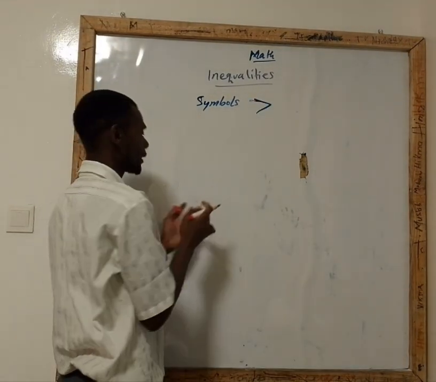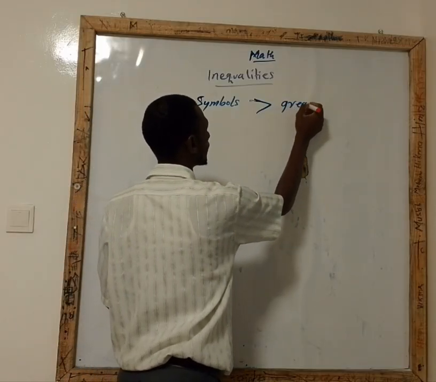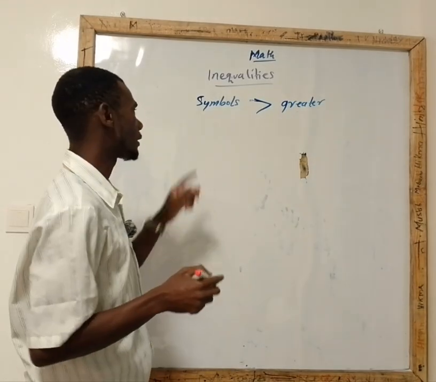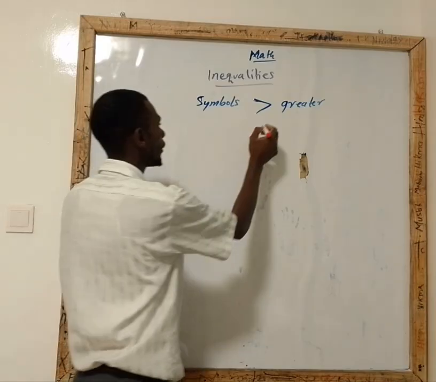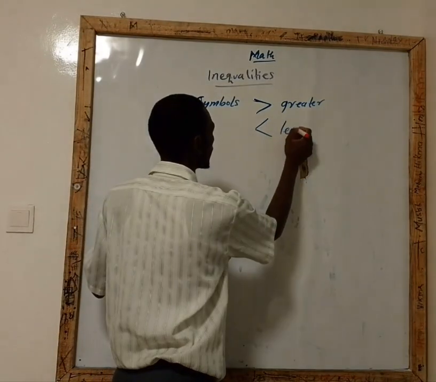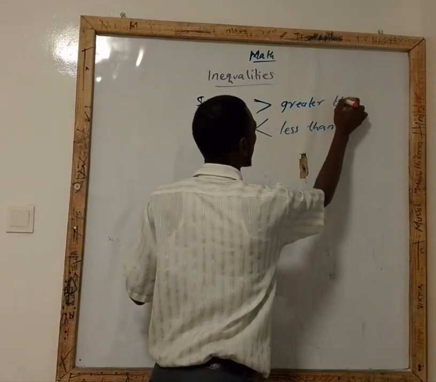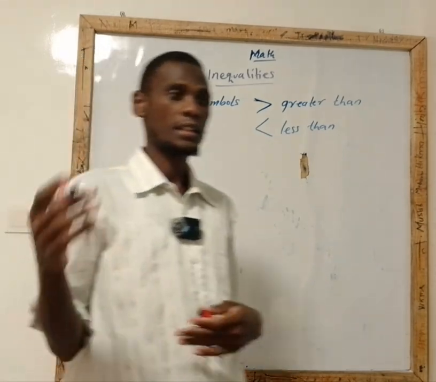That one is the symbol of greater than. Like if I say 3 is greater than 1, then this is the symbol of that word greater than. On the left, that faces the left hand side, is less than. So this one is less than, this one is greater than. Like I can say 2 is less than 3.